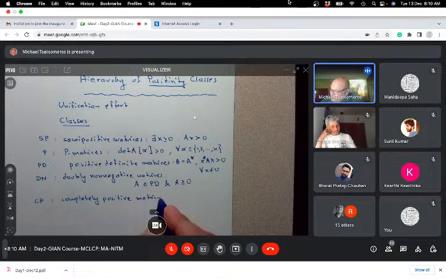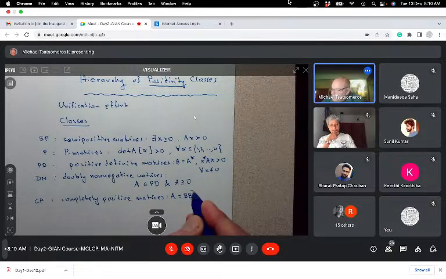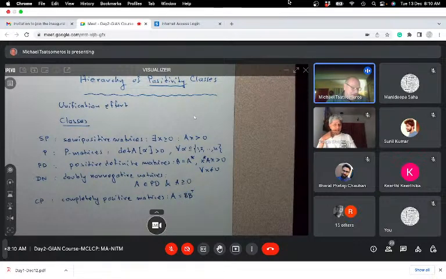They're matrices of the type A equals B times B transpose. So they are symmetric. More generally, it is just B B transpose, where B is non-negative.